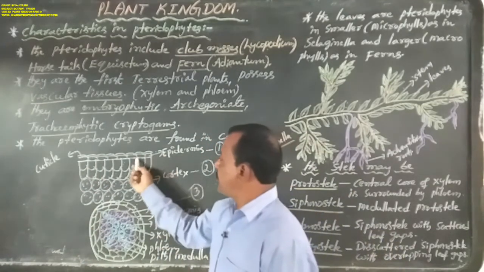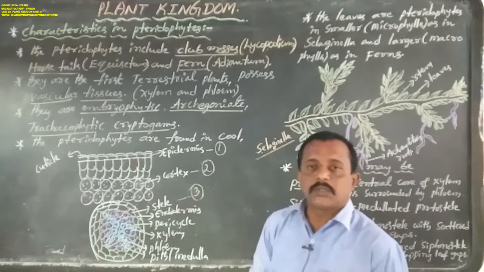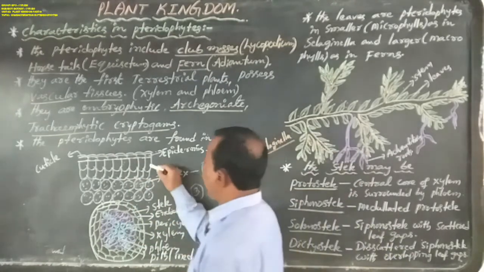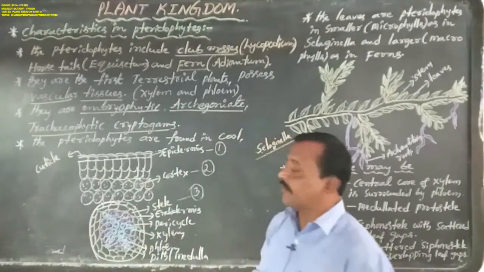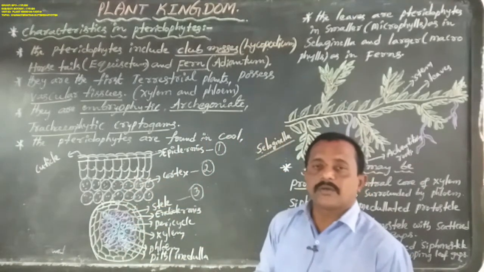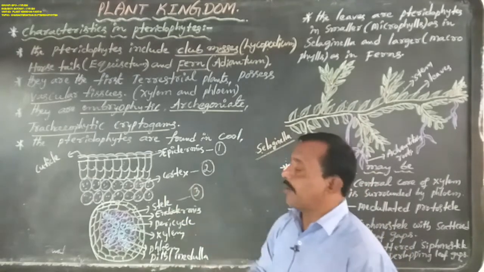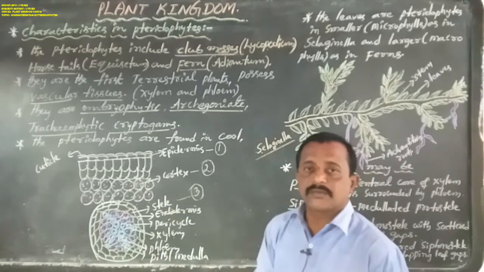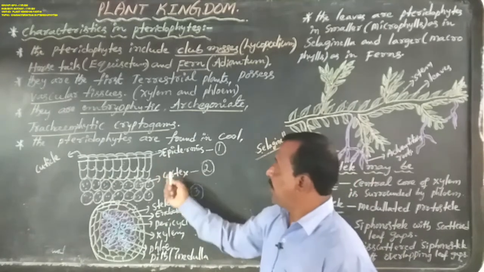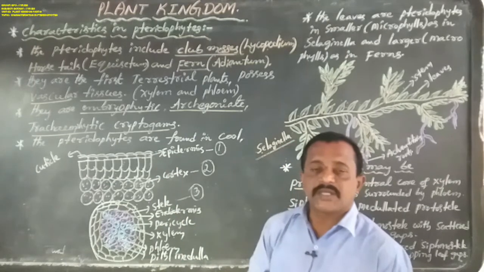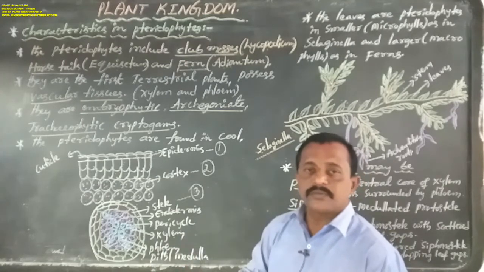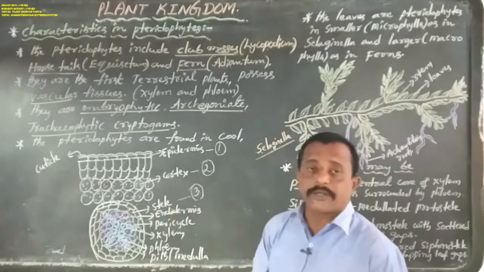Below the epidermis are two layers called the exodermis, and below the exodermis are several layers of cortical cells, that is the cortex.